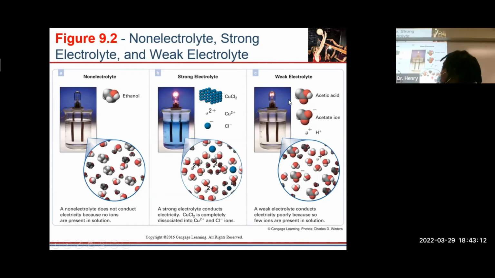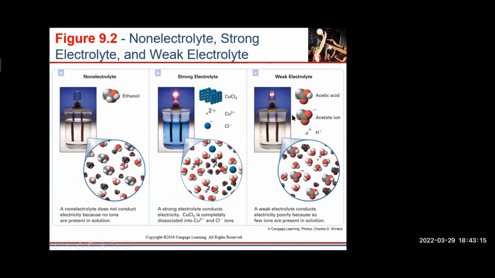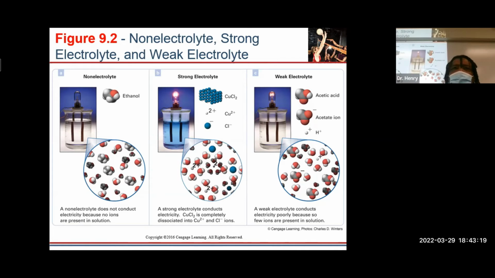Okay. And in the case of a weak electrolyte, you're going to have some things that aren't going to separate, that aren't going to ionize. When I say ionize, that basically means they break up into that solid plus and that solid minus charge. For instance, this is my fist, right?